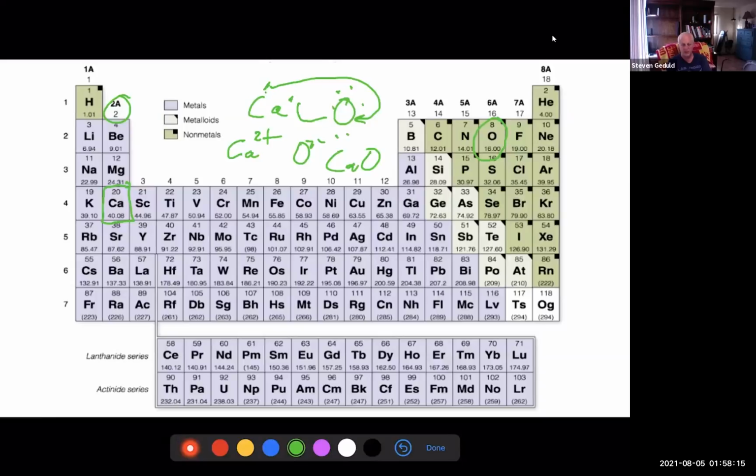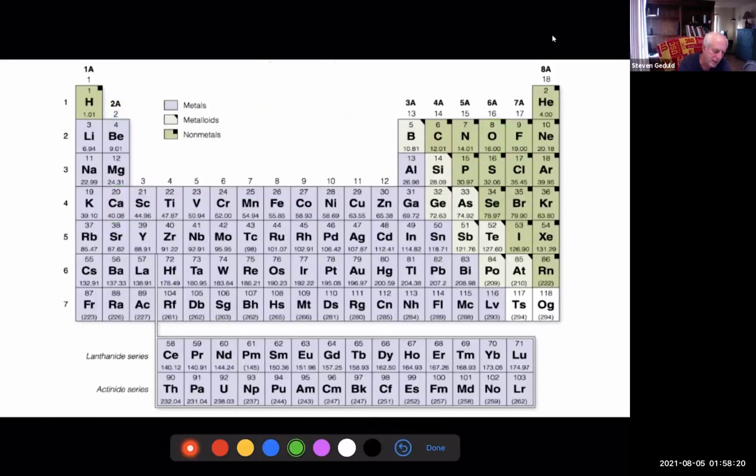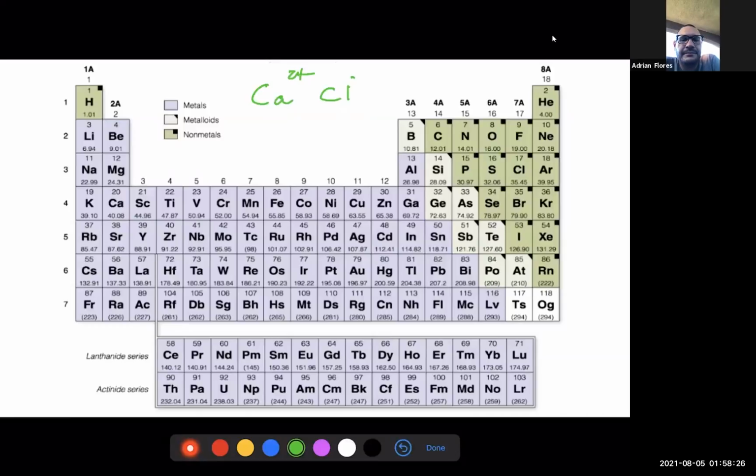Let's do calcium and chlorine. Calcium, we said, is going to have a +2 charge, right? Chlorine is going to have a -1 charge. When they combine, they have to total 0. So we have 1 calcium.